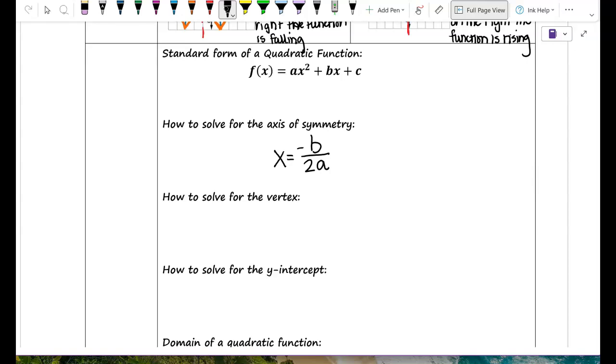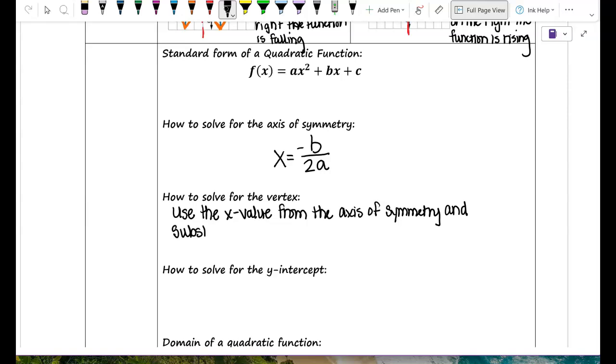So use the x value from the axis of symmetry and substitute it back into the equation and solve for y.